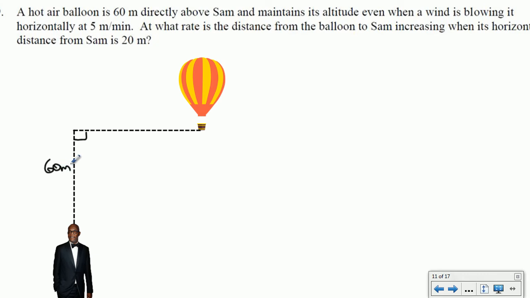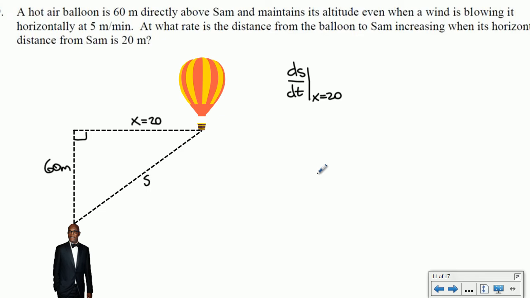We know that's 60 meters. Let's call this distance x, and the straight line distance from the balloon to Sam s. So what we need to find, at what rate is the distance from the balloon to Sam increasing when x is 20 meters, is ds/dt when x is 20 meters.